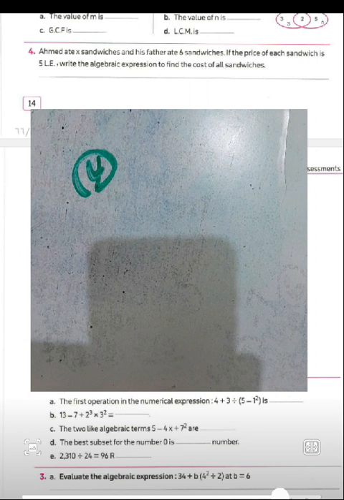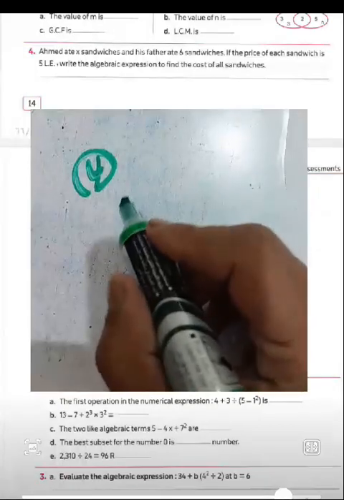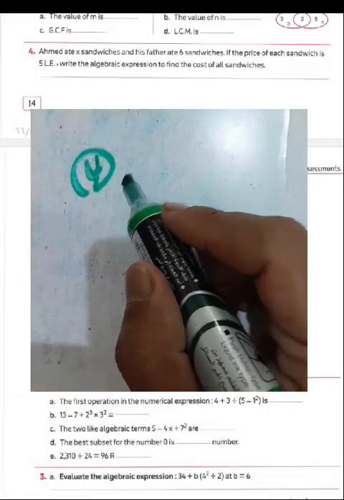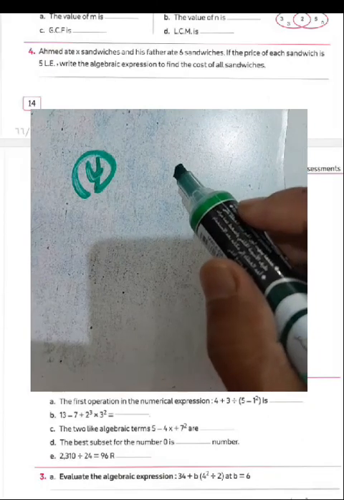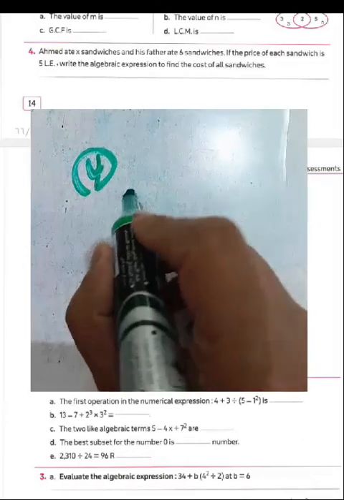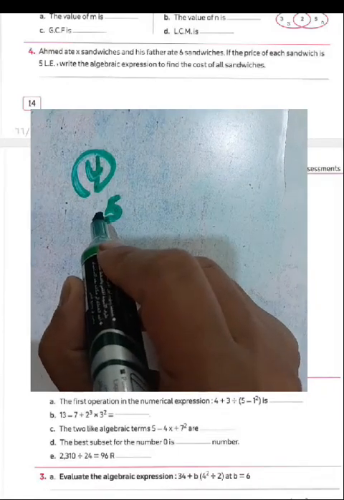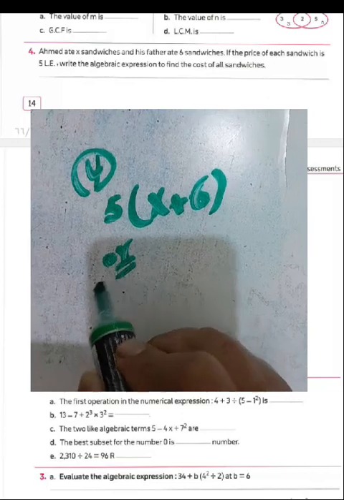The price of each sandwich is 5 lira, so 5 here is a constant, right? 5 outside, and open parentheses, and inside the parentheses write x and 6. Then the algebraic expression, we can write 5 constant outside and x plus 6.